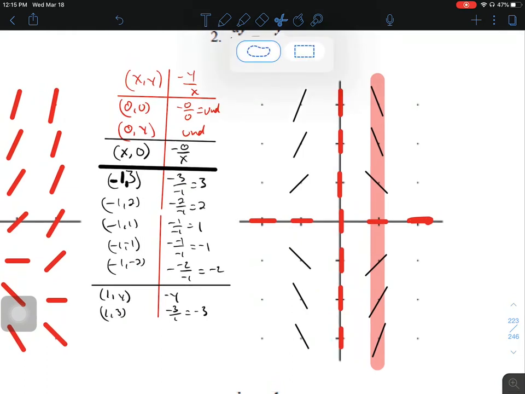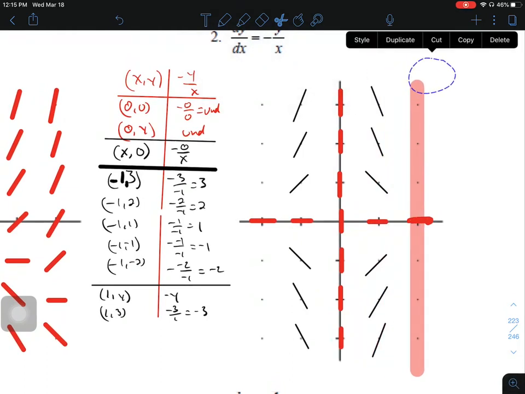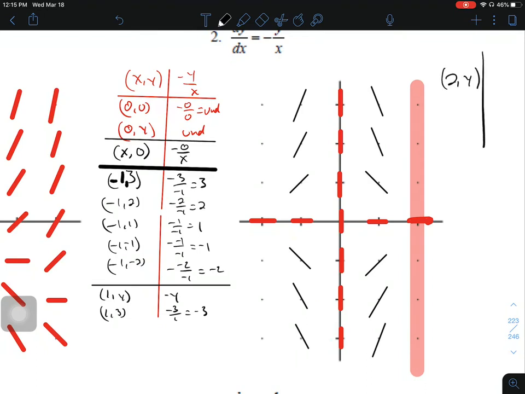Let's go ahead and try this column. In this column, our x values are all 2. Let's see what happens with the y values. In each case, once again, it's negative y over 2. So like here at 3, it's going to be negative 3 over 2.